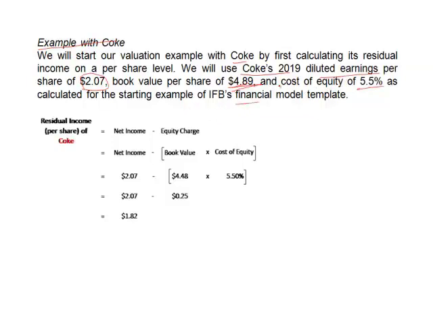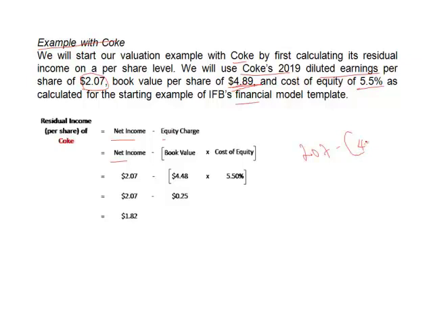Now, as we said, residual income is the net income minus equity charge. So our net income is given in the question, which is $2.07, and our book value is also given, and we have cost of equity. So by the time we remove the multiple of book value and cost of equity from net income, the rest is residual income.